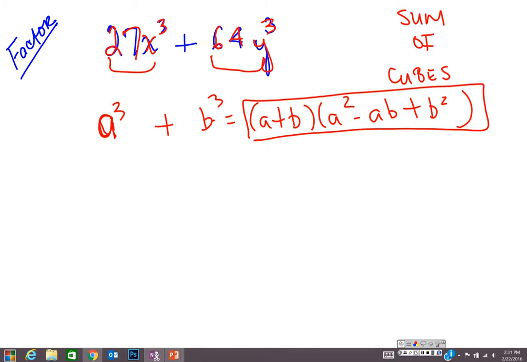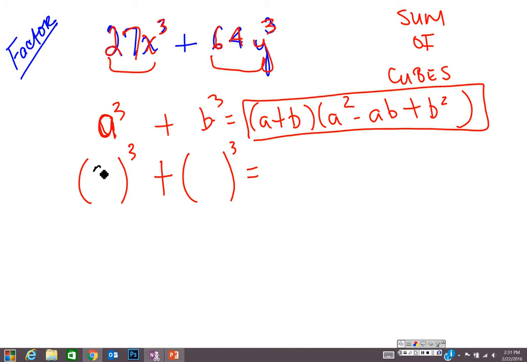So the first thing when you're working with sums and differences of cubes, you have to break it down so that you can determine what your a and b are. So in this case, something cubed equals 27x cubed. What is that? Well, the something that goes inside the parentheses will be your a.